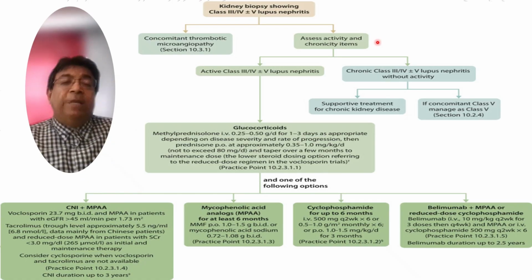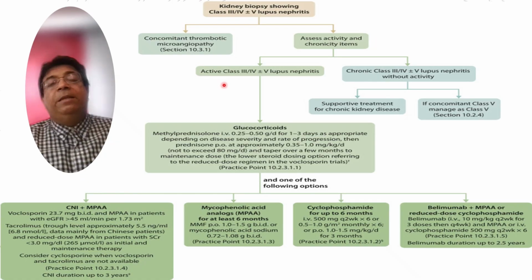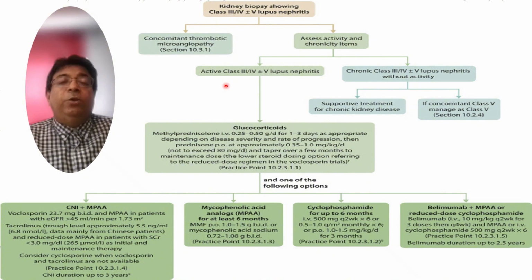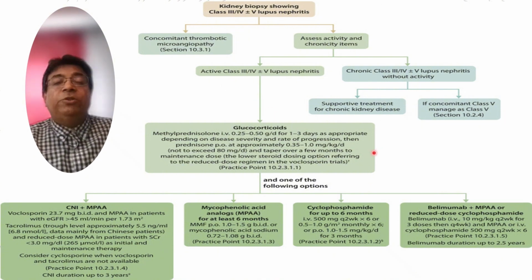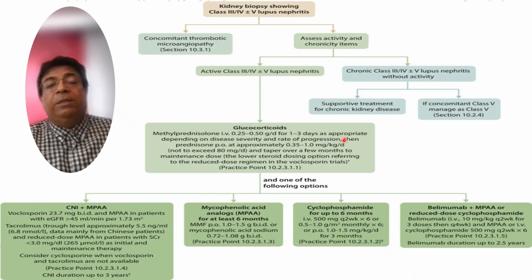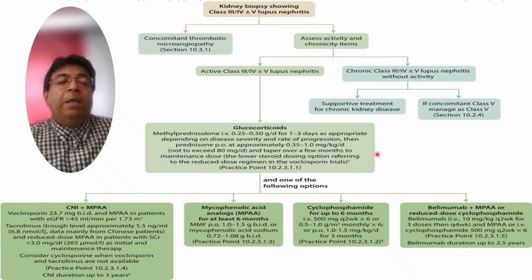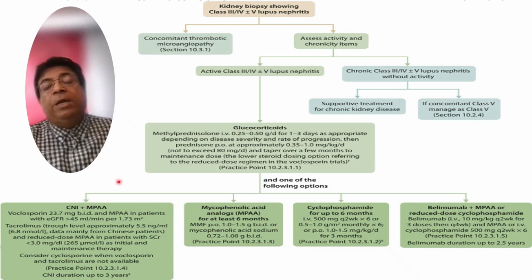If there's not that much chronicity and there's active class 3 or class 4 lupus, plus or minus class 5, then you are going to immunosuppress, which means you're going to do pulse Solu-Medrol followed by oral prednisone, and the protocol is described here. And you're going to use one of these options.